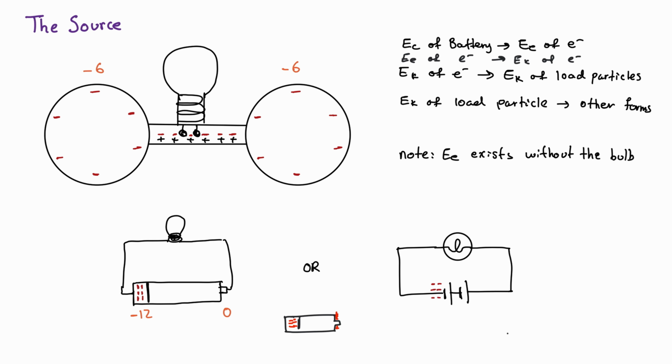The other idea, we talked about it in this case as well: even if I don't have the light bulb and it just has the battery, because there's a deposit of electrons on this side and there's a net negative charge on this side of the battery, and this side is more positive than this side, the electrons really want to move out.